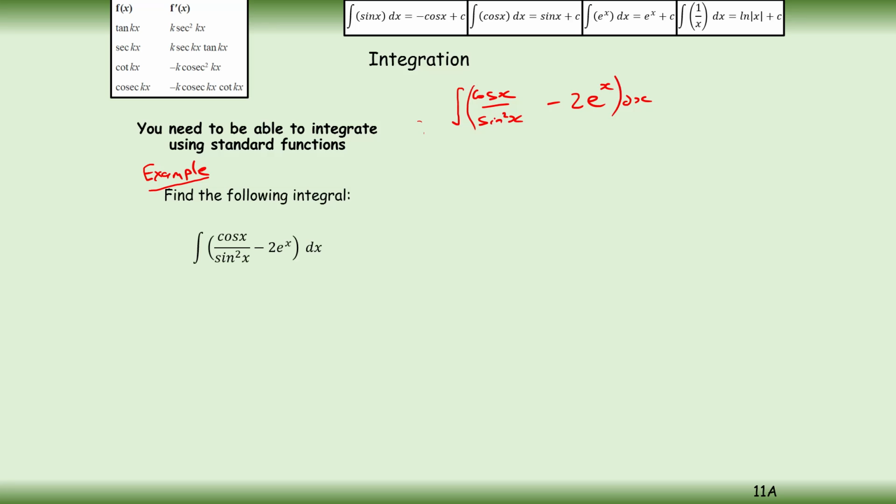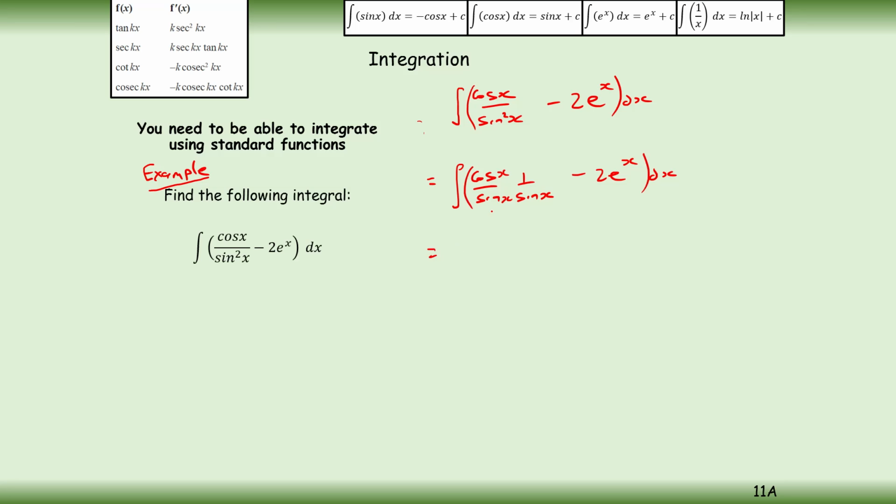So this term I think I can rewrite. It's going to be equal to the integral of cos over sine squared. So I can write cos over sine times 1 over sine. Oops, I forgot my x's. x minus 2e to the power of x with respect to x.